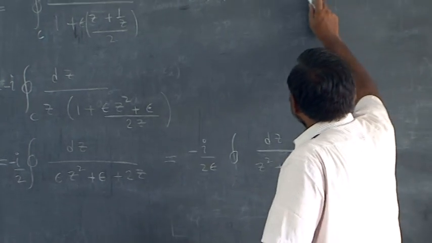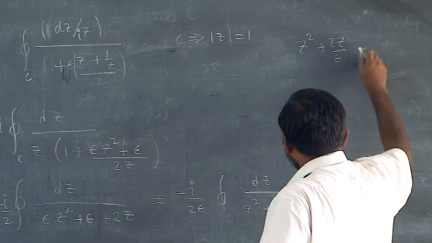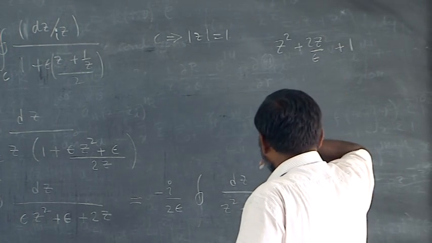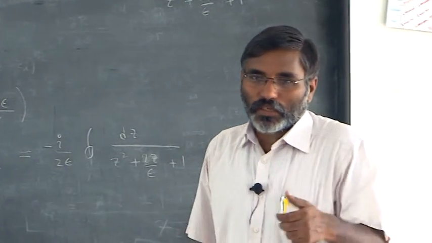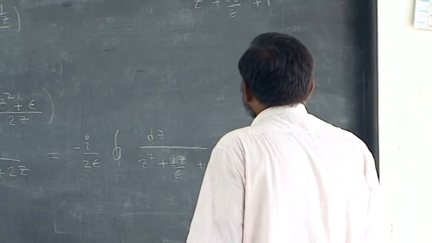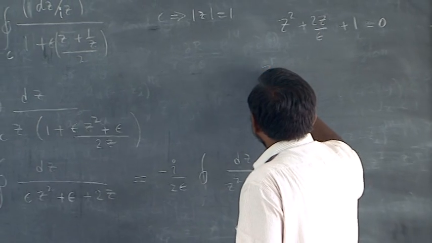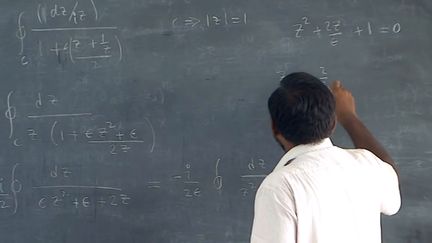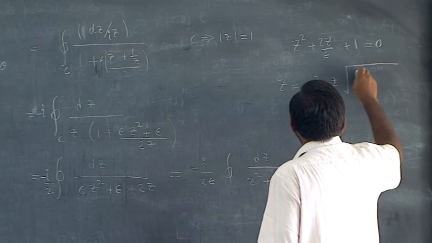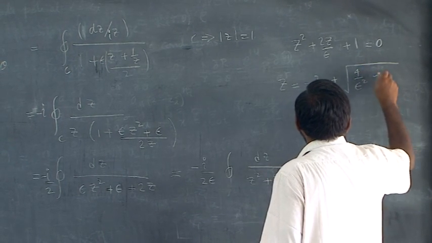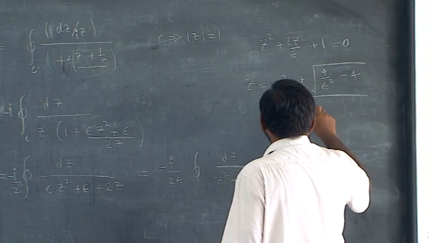Now this quantity, z square plus 2z by epsilon plus 1, we should know where the roots of this equation are, that is where the poles will be. This will be 0 when z is equal to minus 2 by epsilon plus or minus the square root of 4 by epsilon square minus 4, divided by 2.